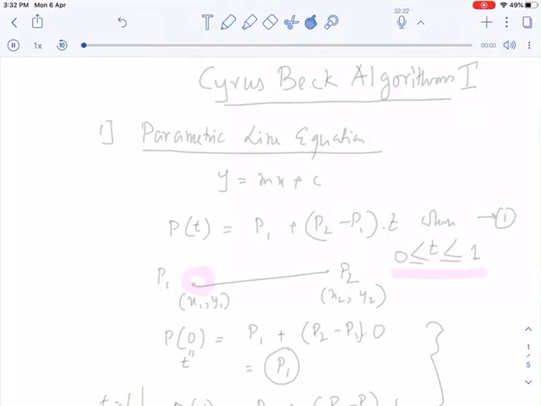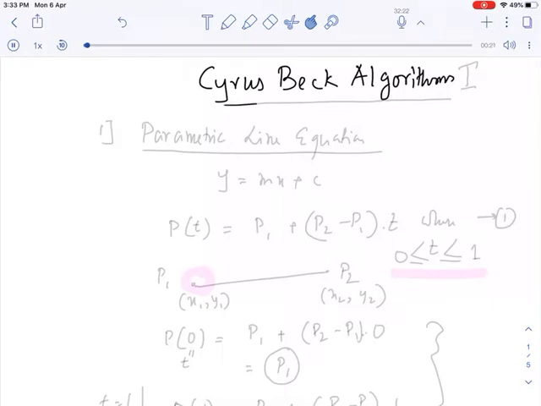Okay, today I will discuss about Cyrus Beck algorithm. Now, Cyrus Beck algorithm is quite tough with respect to the other algorithms we have learned so far.